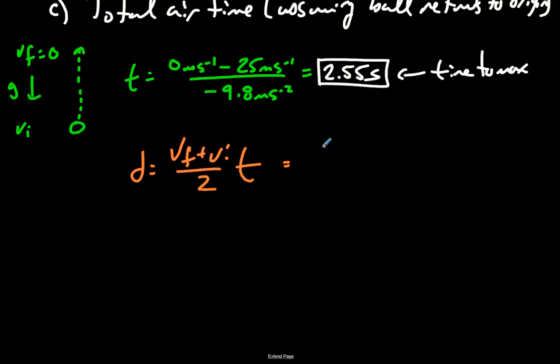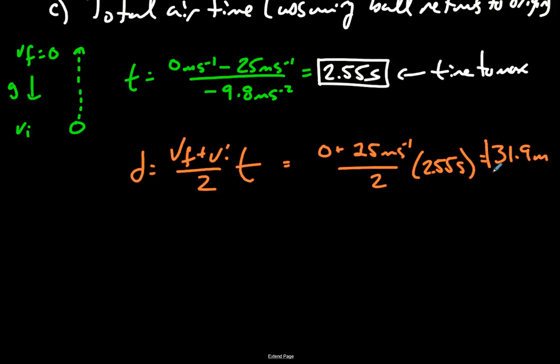So final velocity is 0 plus 25 meters per second divided by 2 times that 2.55 seconds. You should get just slightly under 32 meters, about 31.9 meters up. So that's how high it goes.